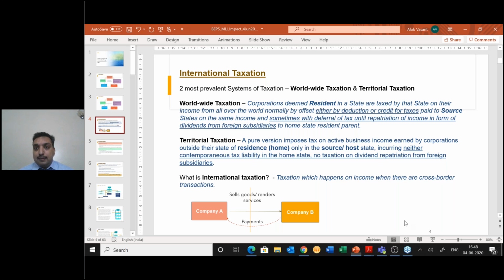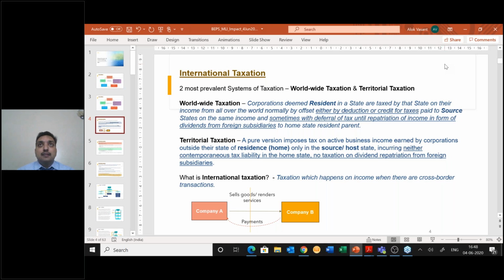Now, what is territorial taxation? A pure version imposes tax on active income which is earned outside their state of residence only in the source state, which means the resident country will not tax income which arises in a country outside that jurisdiction.